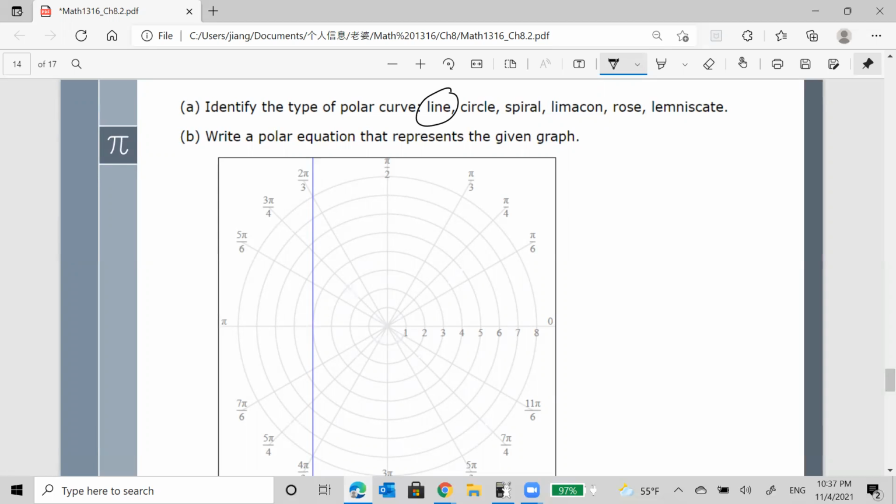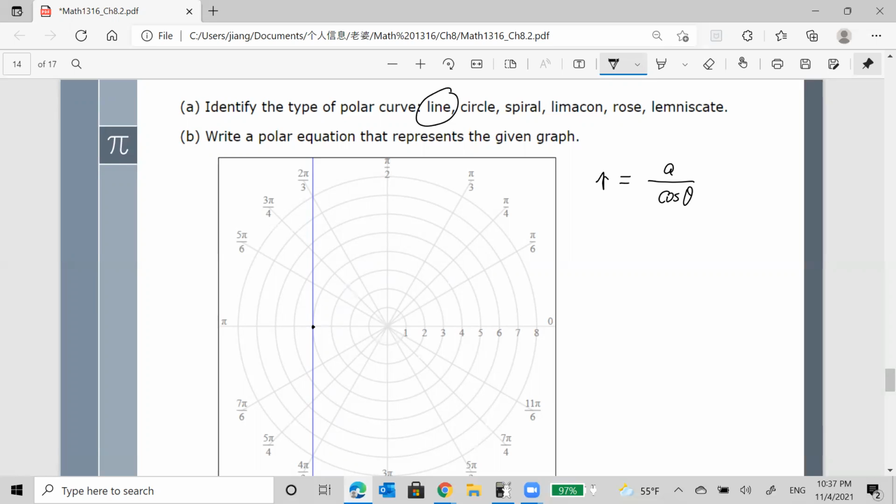So if we see a vertical line, this is r equals a over cosine theta. And a is the intersection here. Because it's a vertical line, we will have a over cosine theta. A equals this. So this is negative, right? 1, 2, 3, 4.